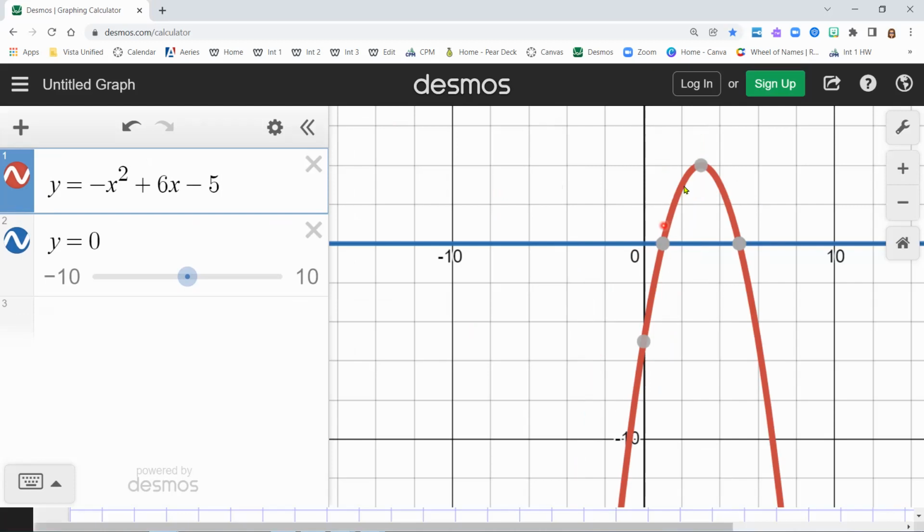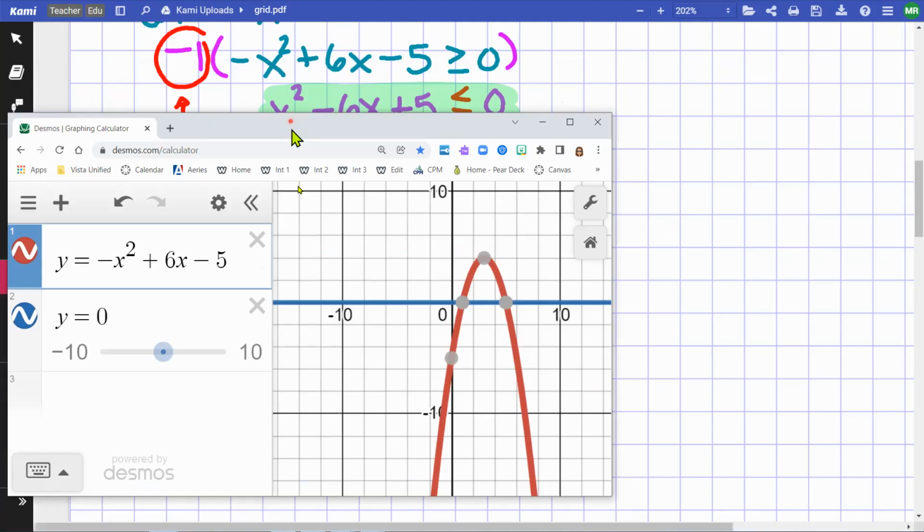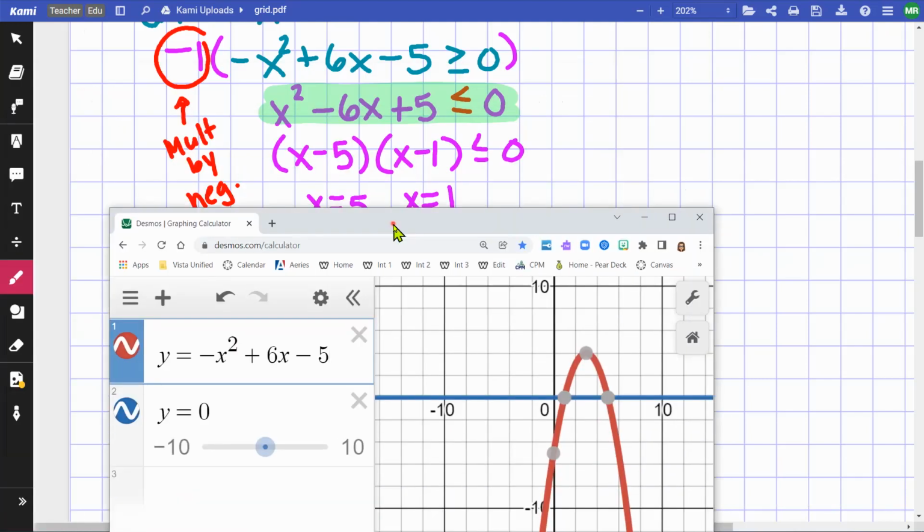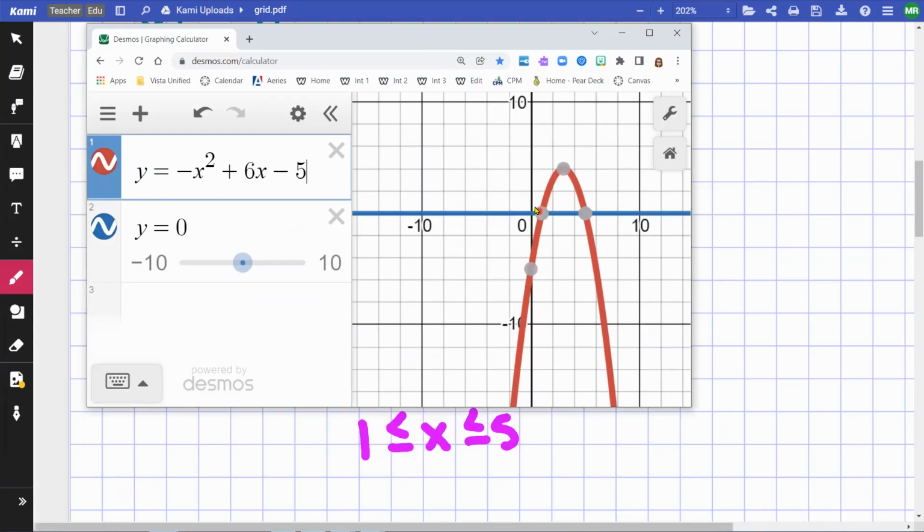You see, this would have been an upside down parabola. And in the problem, I would have wanted it to be greater than or equal to 0 in the original one as a negative. And that means, where is it above the x-axis? In between these two values, 1 and 5, just like my graph. But I made it the reverse, and so it was less than. Okay, but I get the same value.